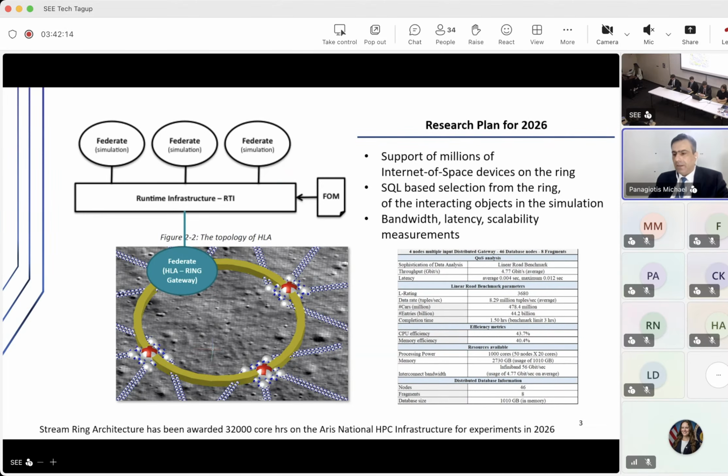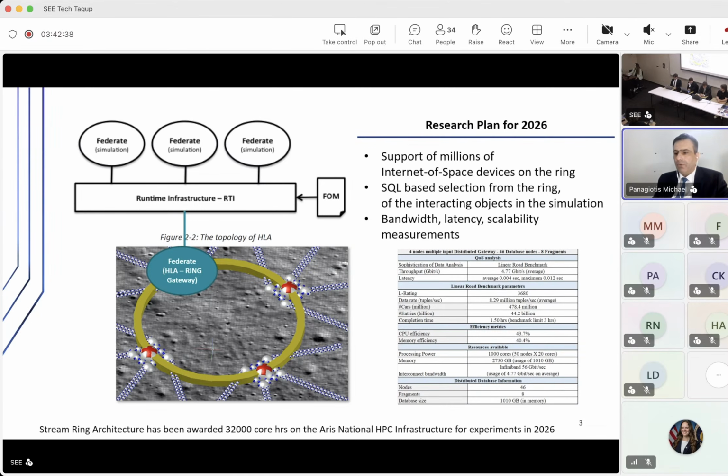Our plan, as we see in this diagram, within the context of SE, is to create an HLA interface linking the high bandwidth ring architecture with the Pitch runtime infrastructure. This will enable selective participation of Internet of Space devices in the federation.